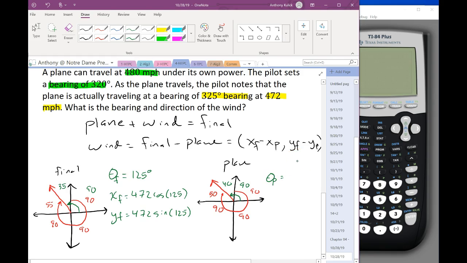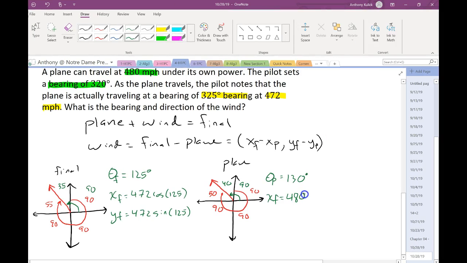So that's going to be 90 plus the complement of 50. So that's 130 degrees. So xp then is going to be 480 cosine of 130. And then, oops, I don't mean f's here. What letter do I mean as my subscript? P's, right, for plane. And then 480 sine 130.